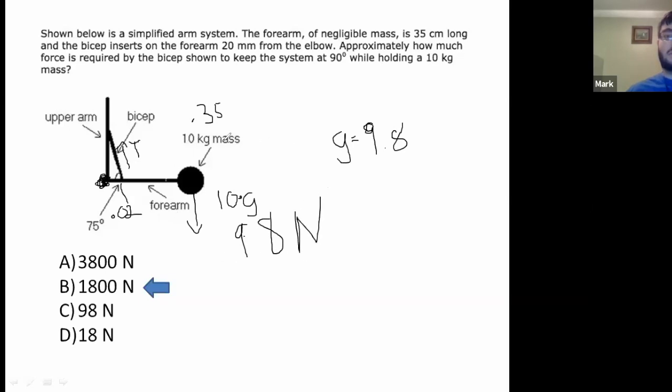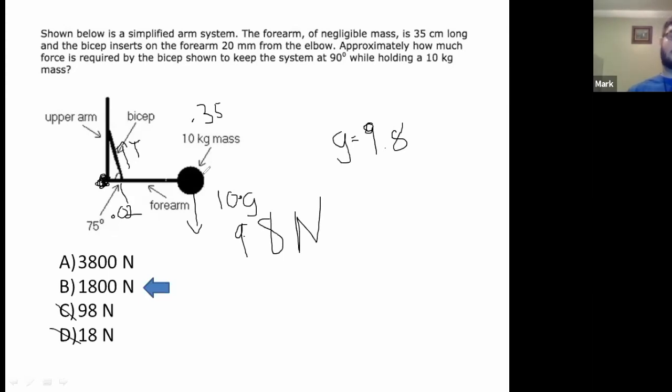And then because of torque, even before you begin to think about torque, you know that it can't be D or C, because as I mentioned, going close to the point of pivot is very difficult, and you need to apply way more force to get the same torque than if you were doing it far away.